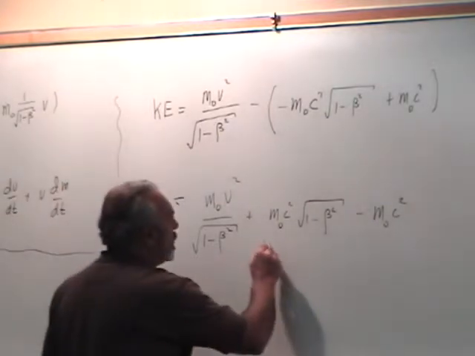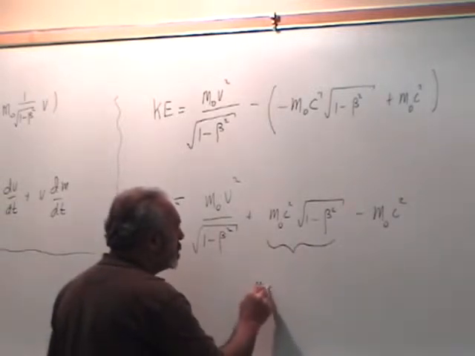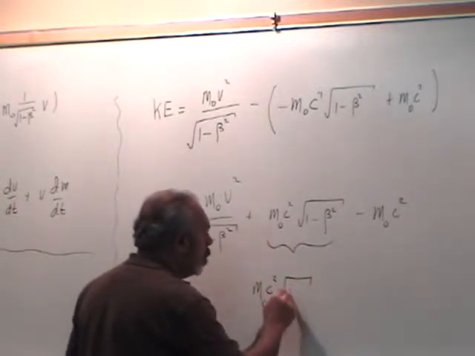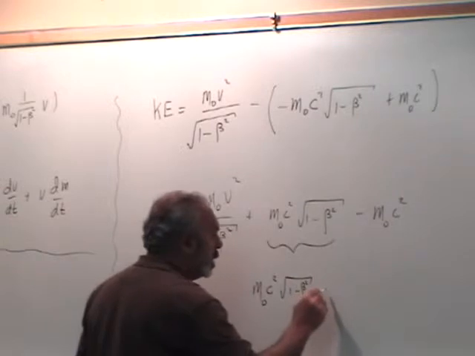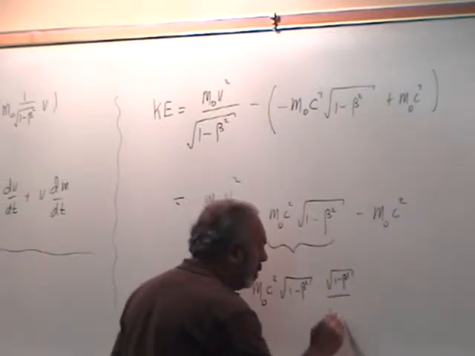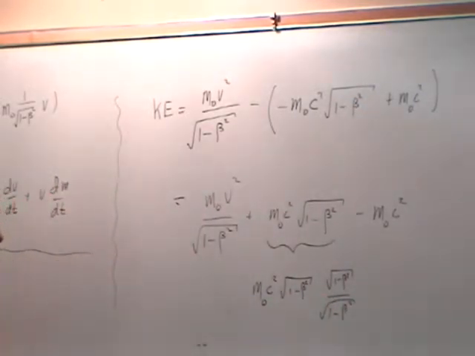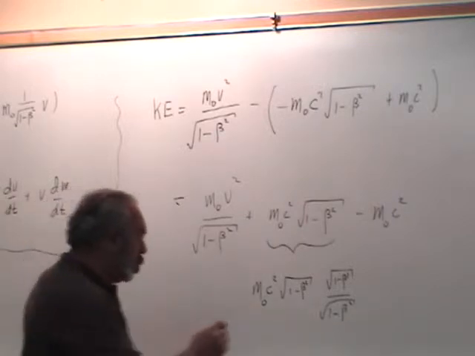So let's take a moment and look at this term here, m naught c squared root of 1 minus beta squared times 1 minus beta squared over 1 minus beta squared. That will put it over the same denominator. If I do this, what happens?